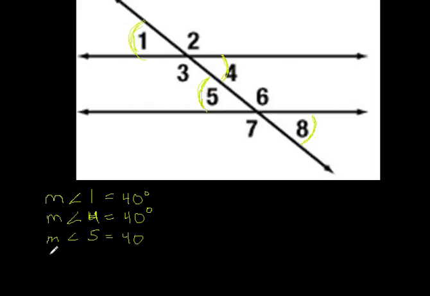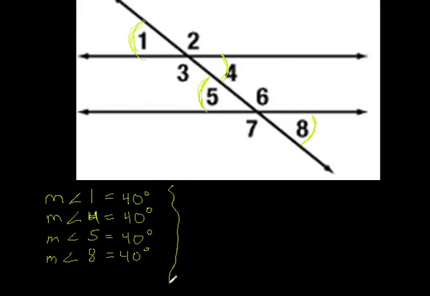So the measure of angle 8 is also 40 degrees. Cool. So angles 1, 4, 5, and 8 are 40 degrees.